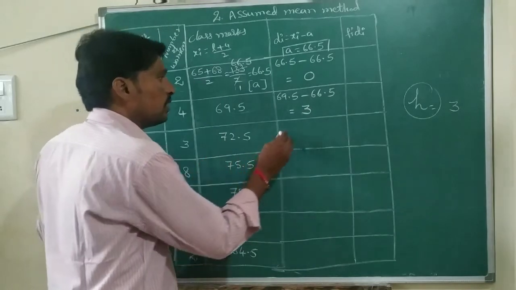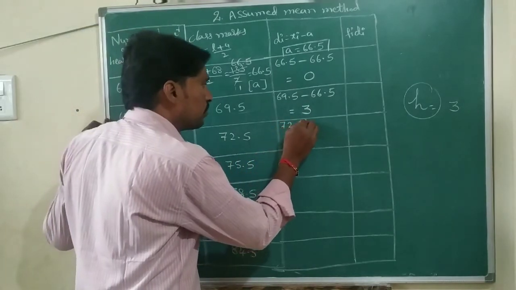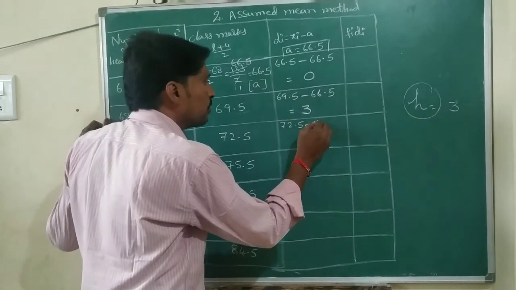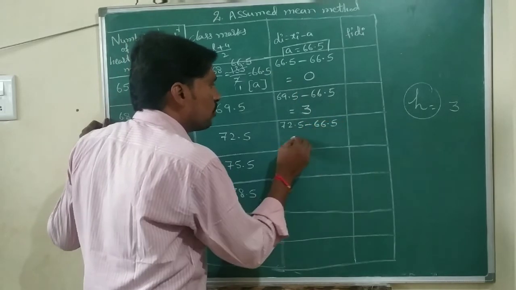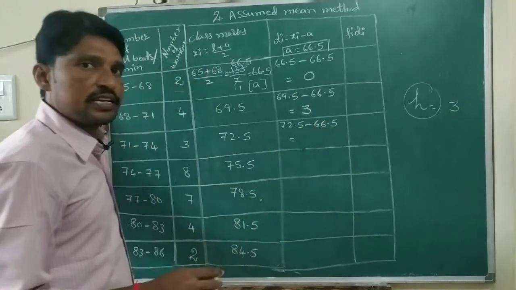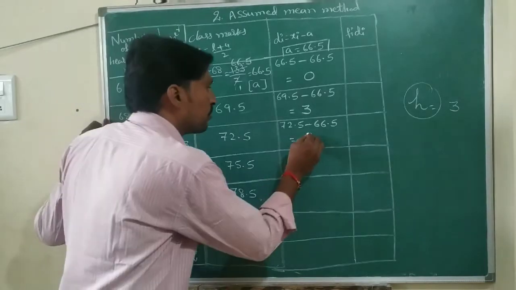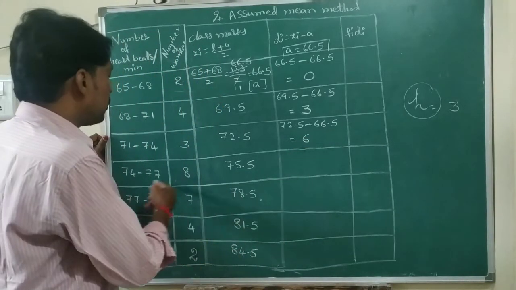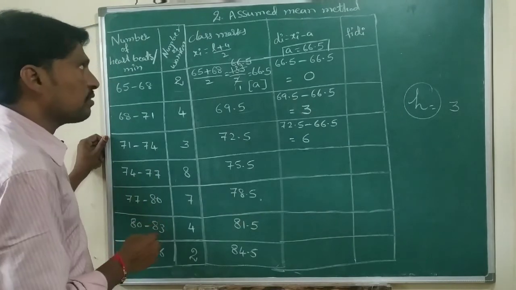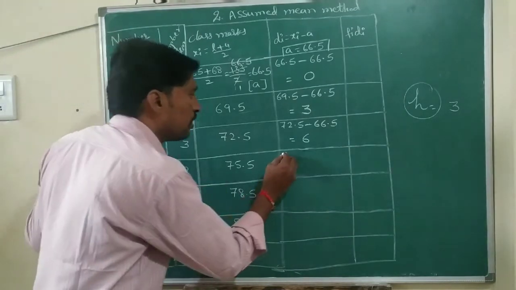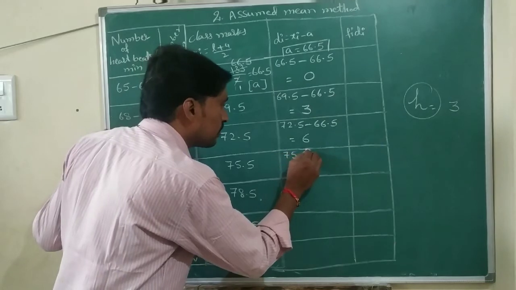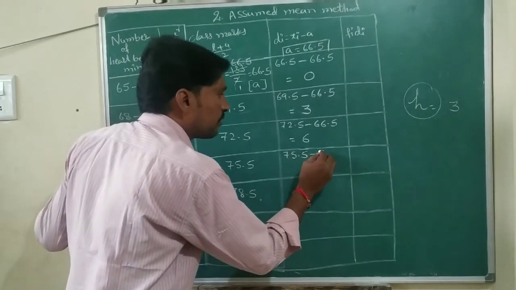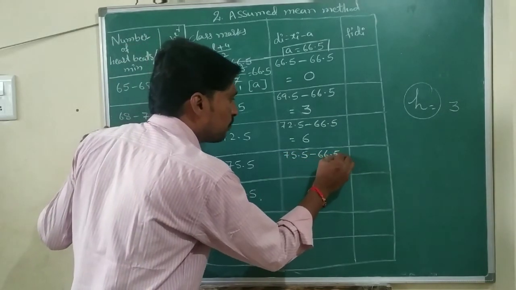Next class mark, 72.5 minus a, 66.5, is 6. Next class interval, 74 to 77, the class mark xi is 75.5 minus a, 66.5.